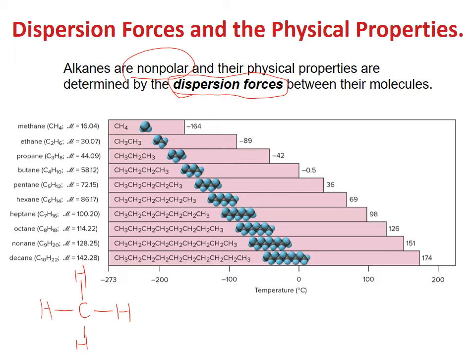So at one point, the electron may go towards carbon more than hydrogen, making hydrogen partially positive and the carbon partially negative.